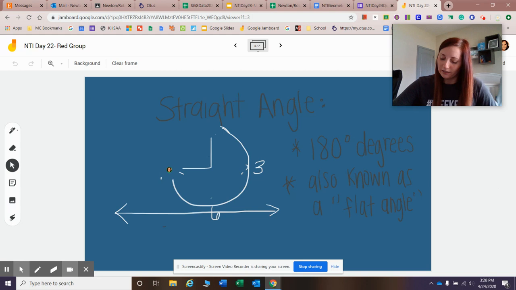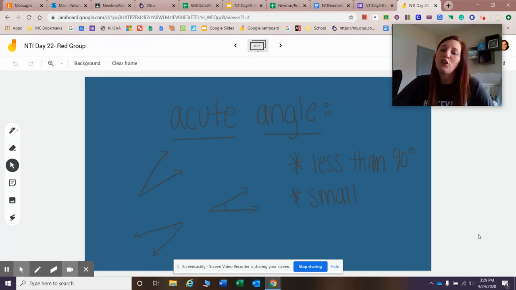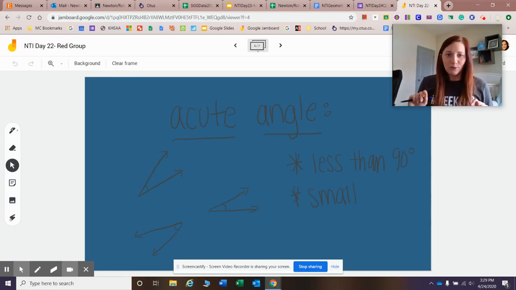All right, let's look at a different type of angle. We have 2 more. An acute angle. This is my favorite angle because it's so cute, because it's so little. It's your smallest angle. It's less than 90 degrees, so it's less than a right angle.